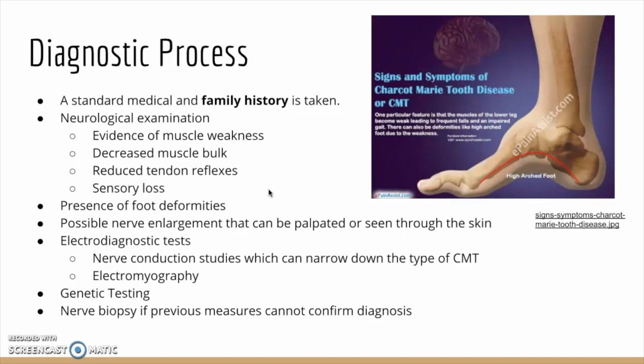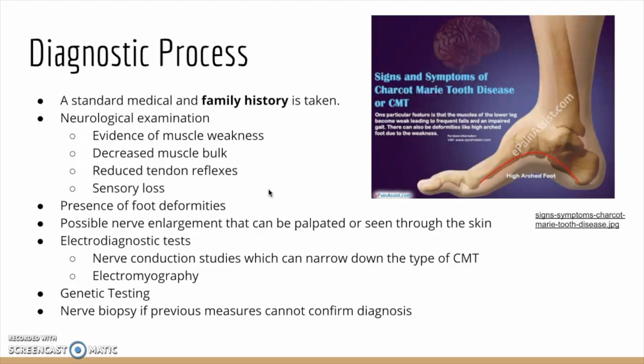The diagnostic process starts with a standard medical and family history, a neurological exam, which looks for evidence of muscle weakness, decreased muscle bulk, reduced tendon reflexes, sensory loss. The physician will also look for presence of foot deformities, which is shown in the picture on the right.